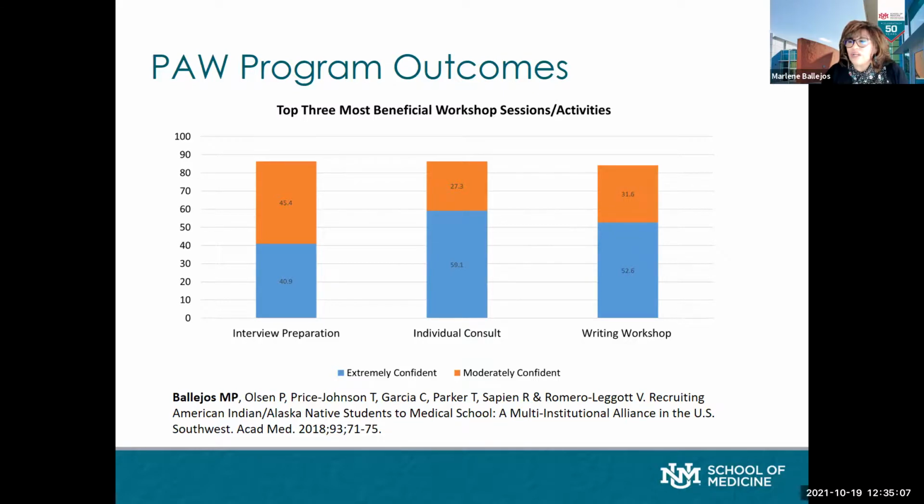Then 25% indicated that the GPA was their next biggest challenge, followed by the personal statement and the interview, and only 1% indicated that finances were a challenge for them. We thought this program outcomes information was very valuable for us to move forward as a Four Corners group and individually as a School of Medicine as well.